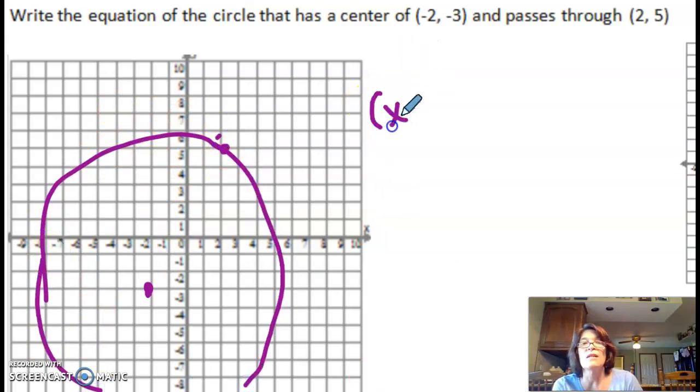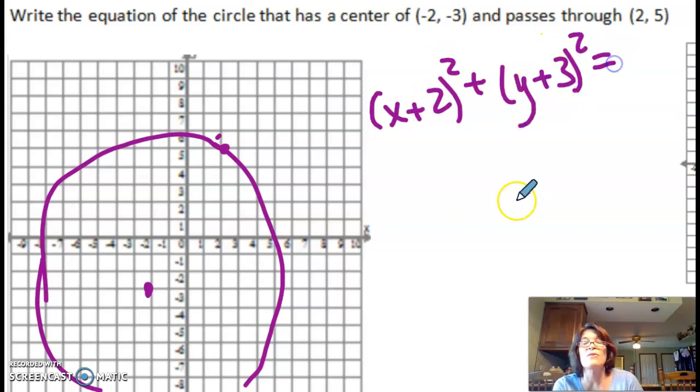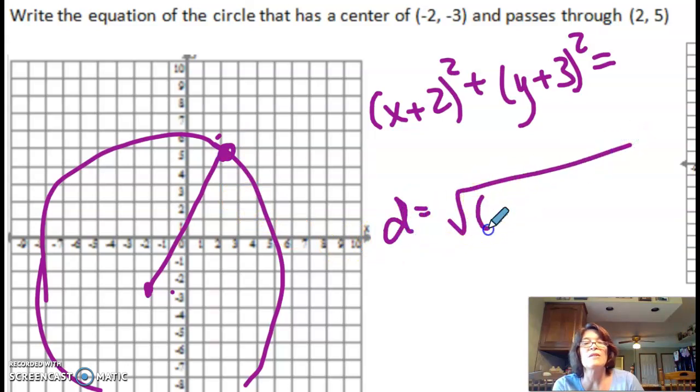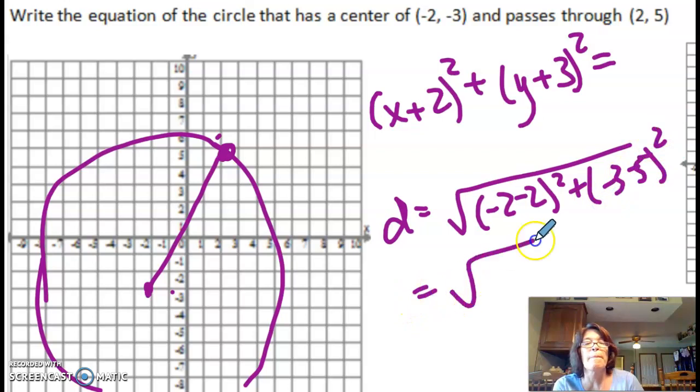So the equation is x minus -2 squared plus y minus -3 squared equals, oh, I need the radius. So I basically need the distance from -2, -3 to 2, 5. Well, let's subtract -2 minus 2 squared, -3 minus 5 squared. I'm just using the distance formula.